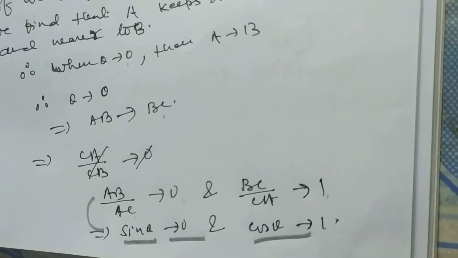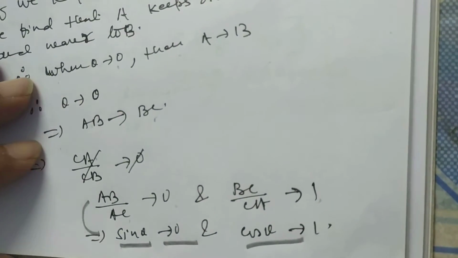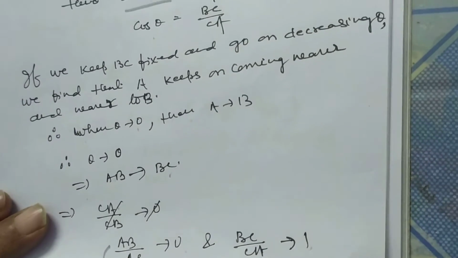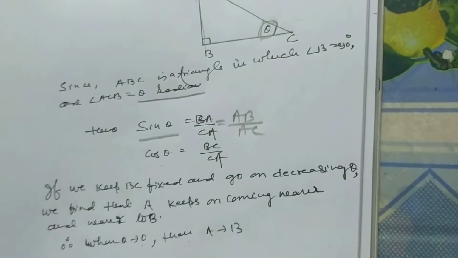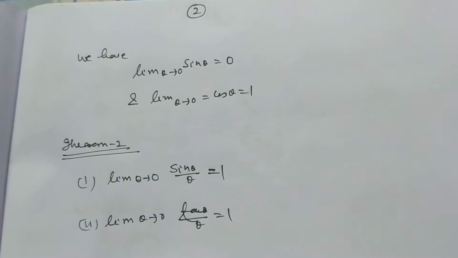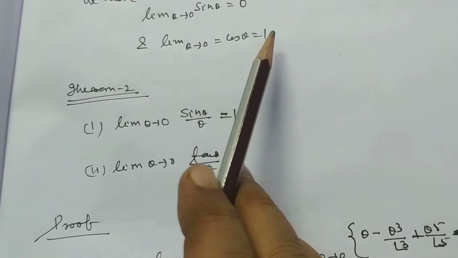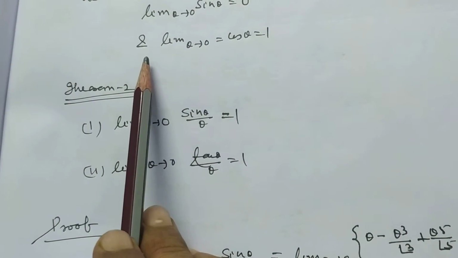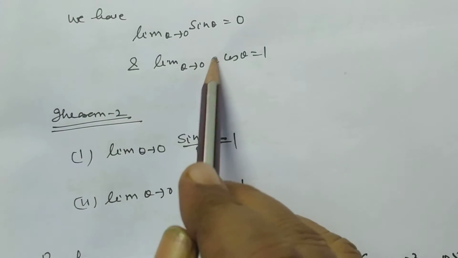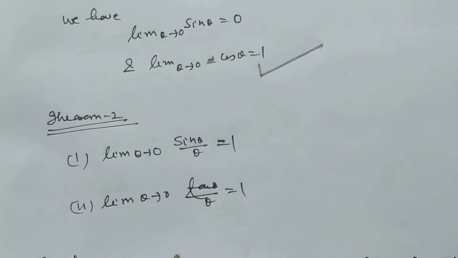My dear students, when theta tends to 0, the limit of sin theta is equal to 0 and the limit of cos theta is equal to 1.